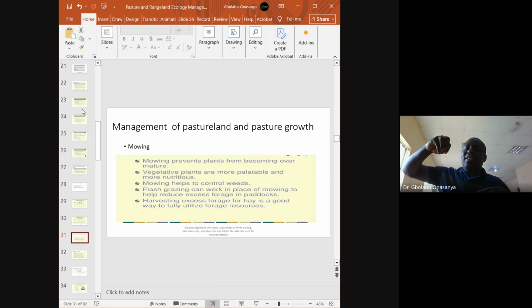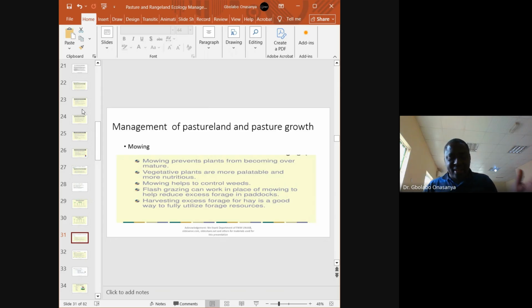So what is a weed? What makes a weed to you might not make a weed to me. What makes a weed to a groundnut farmer or cassava farmer might not make a weed to animal farmers or pastoralists.